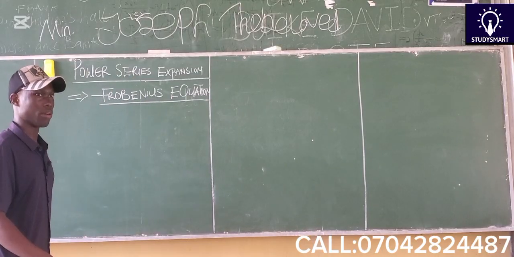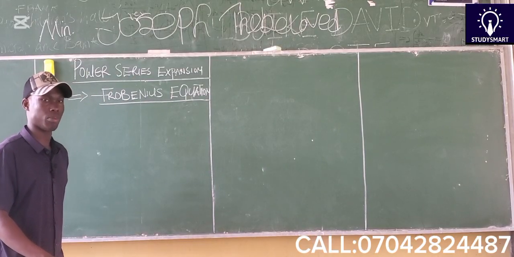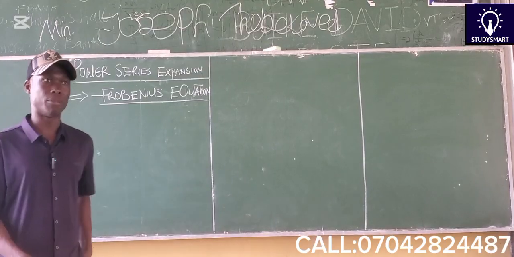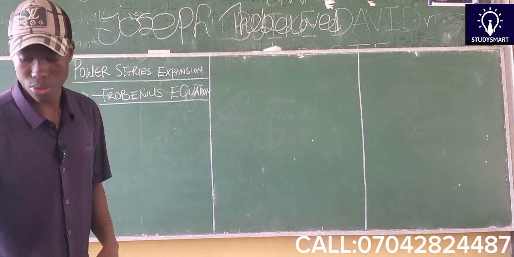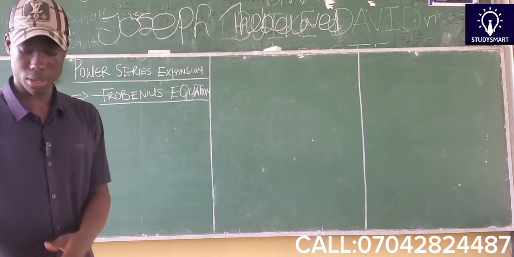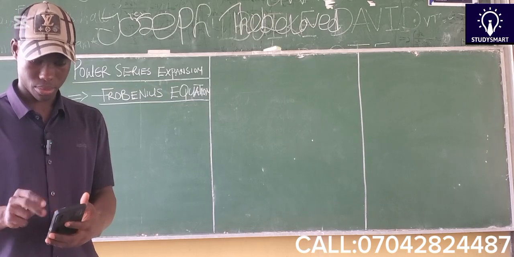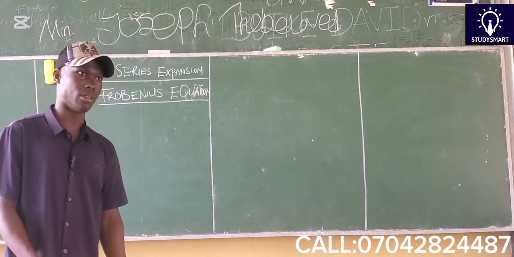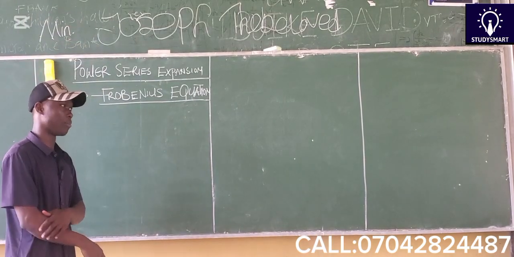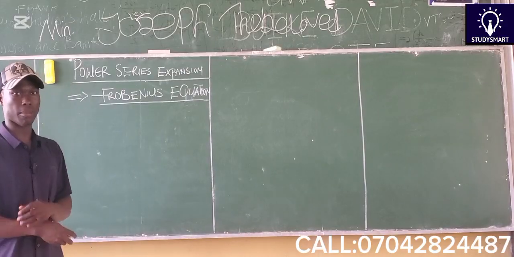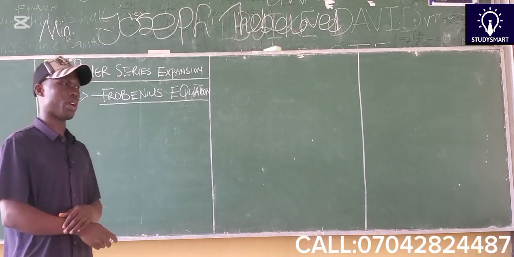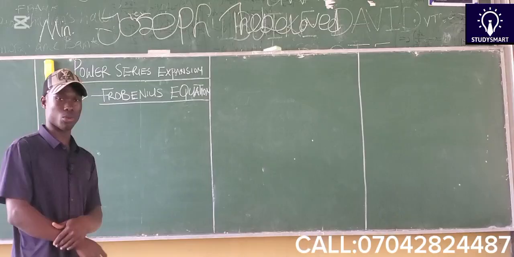Firstly, the first method, we have what is called the Leibniz-Maclaurin series. We have the Frobenius equation.